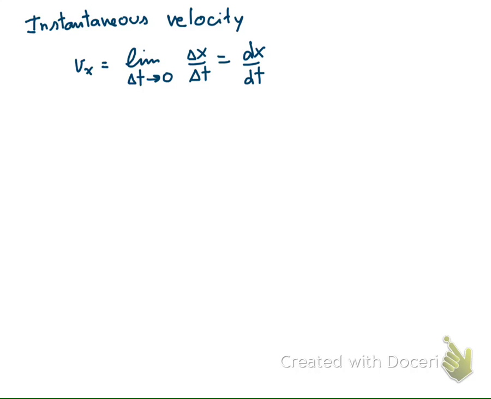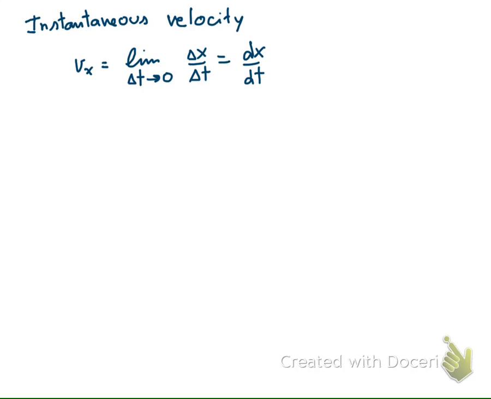So it means that if we know the mathematical or functional form of x as a function of t, we can calculate the instantaneous velocity by calculating the derivative of x with respect to t.